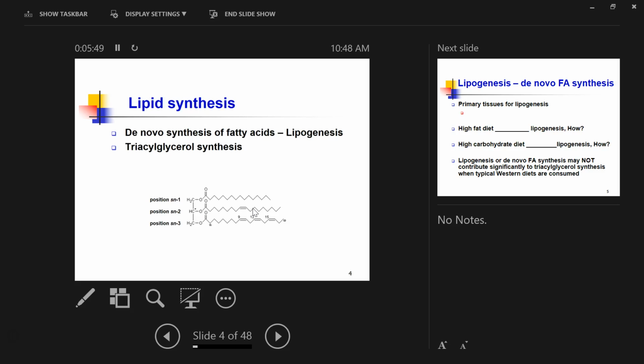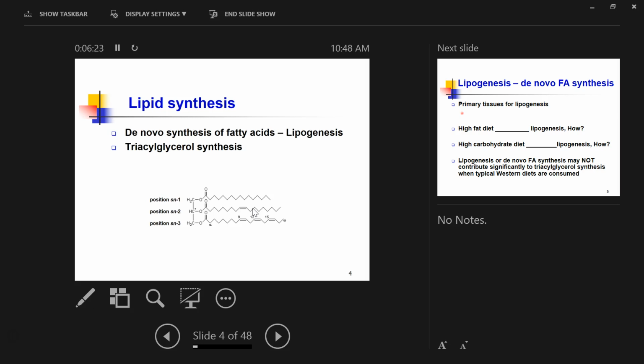And lipid synthesis, I would like you to make sure that you understand two different concepts in terms of lipid synthesis. First, the de novo synthesis of fatty acids, which we also call lipogenesis. De novo synthesis of lipids or fatty acids, or lipogenesis, is different from the other pathway we call triglyceride synthesis, right?